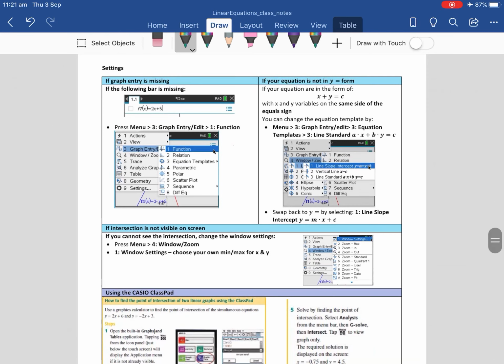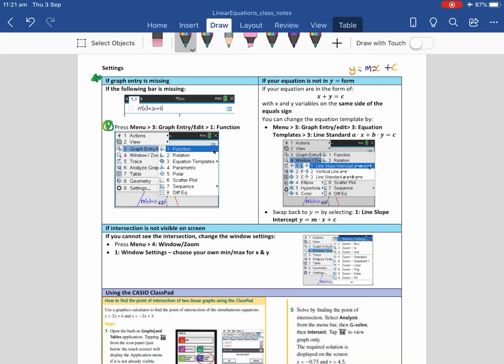Just in case it's not working out for you, if your graph entry is missing, to bring it back up, you can follow these instructions. If your equation is not in y equals form, so usually we're used to y equals mx plus c, and you should be able to graph using that.